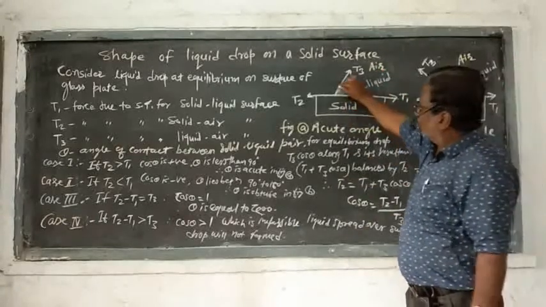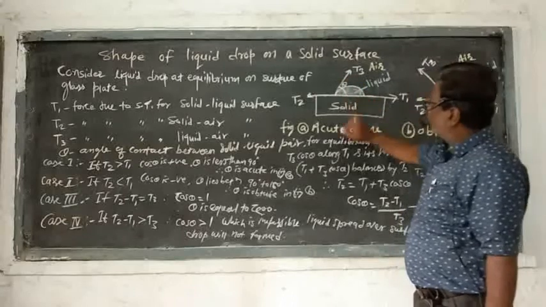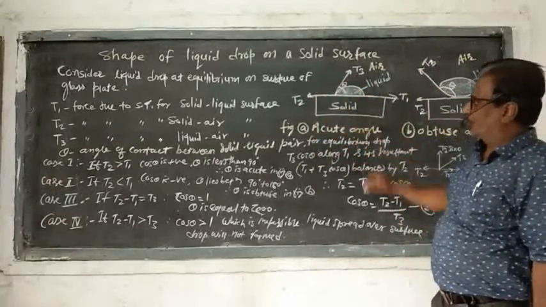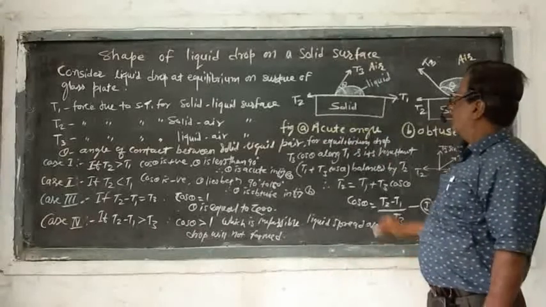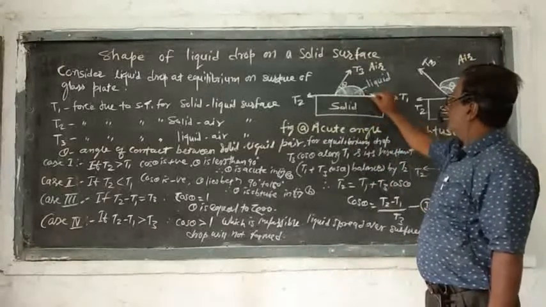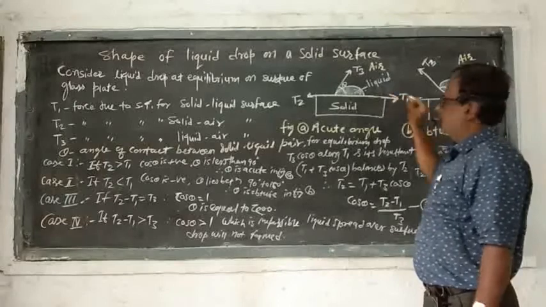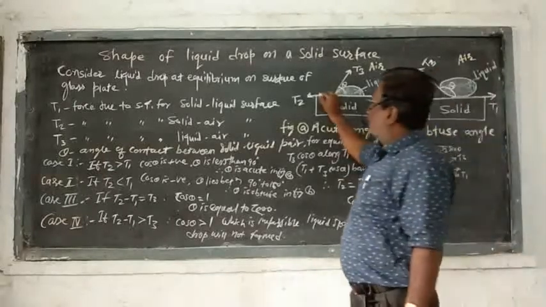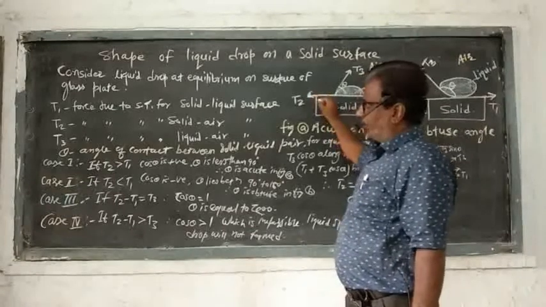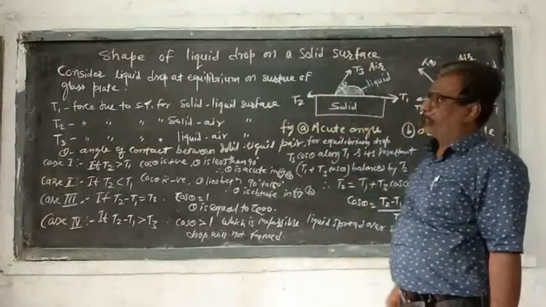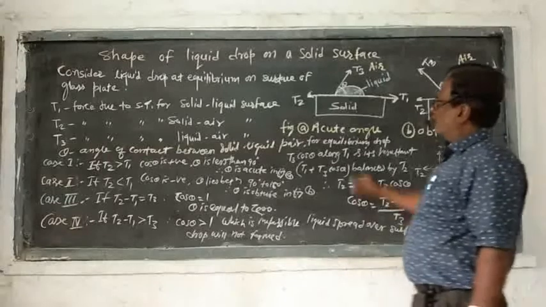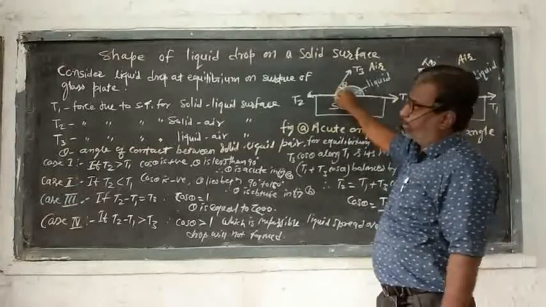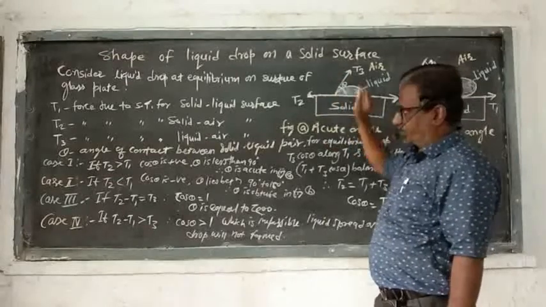So there is an angle between these two. T1 is known as the force due to surface tension for the solid liquid surface. Now we find the second force. This force T2 is the force due to surface tension for solid and air, so the solid air surface.